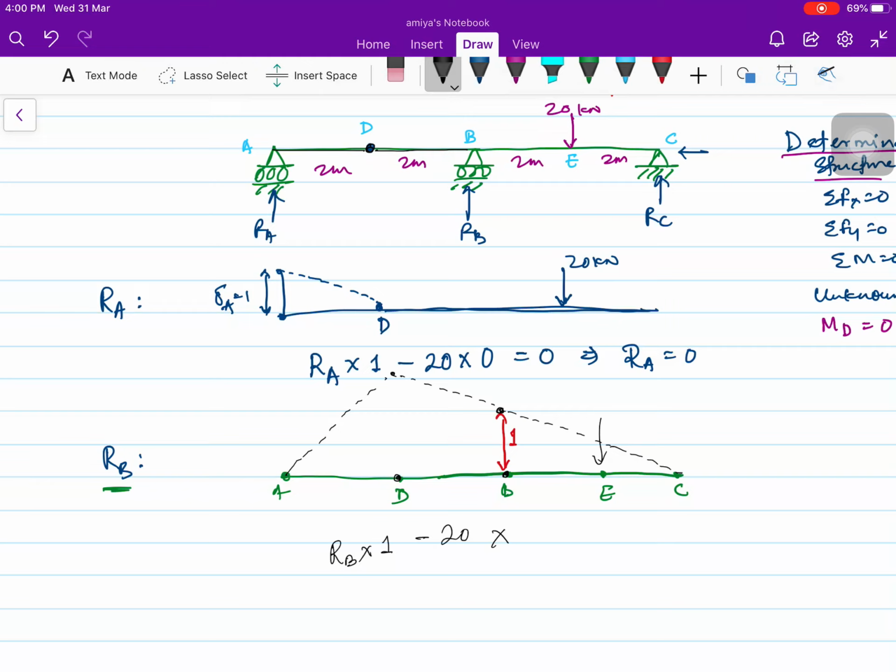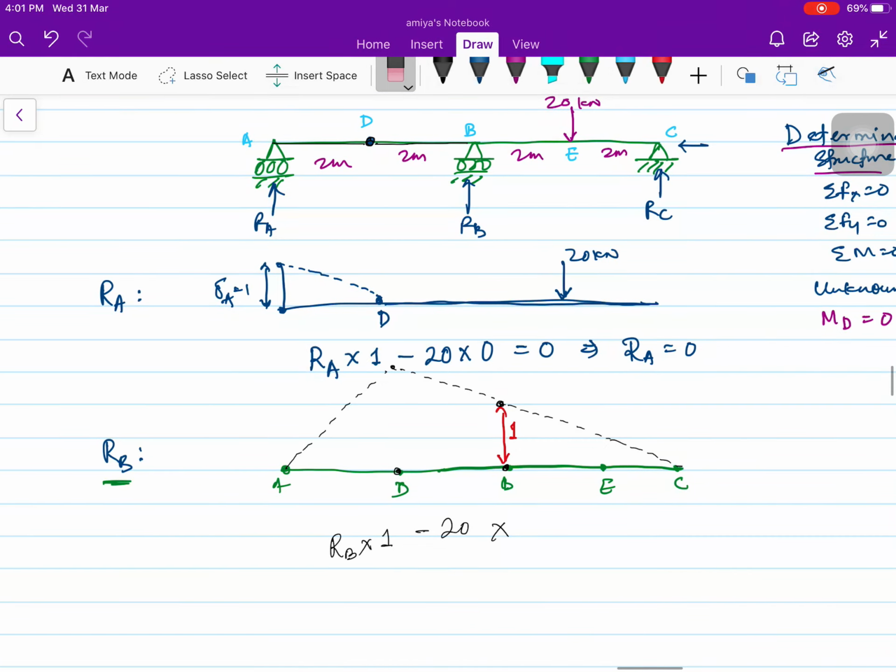So our reaction RB into work done 1, minus the load, which is 20 here, 20 into the displacement at this point. Let me take the displacement here as delta E. By similarity of triangles, the smaller triangle height divided by the larger triangle, this base is 2 meter divided by this base, total 4 meter.